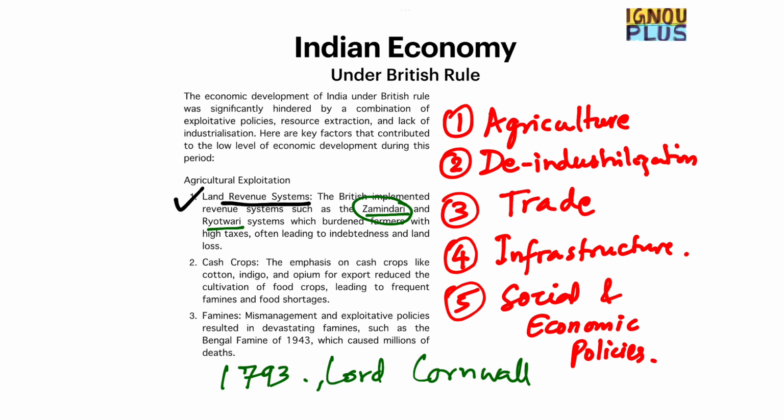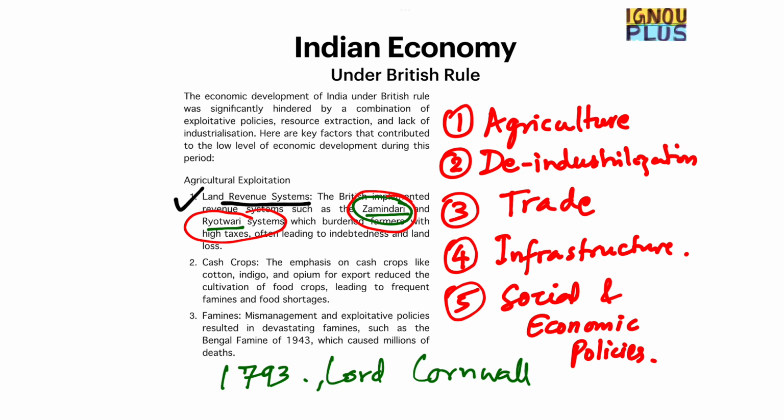As I told you, in this system, the government established intermediaries between the farmers and the government, and those were called zamindars. Then the other introduction was the Rayatwari system, which happened later.